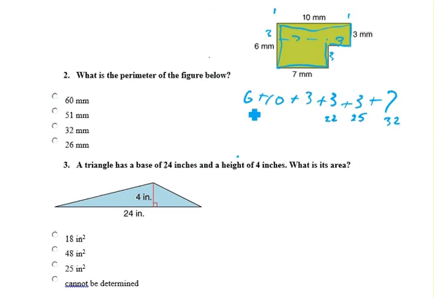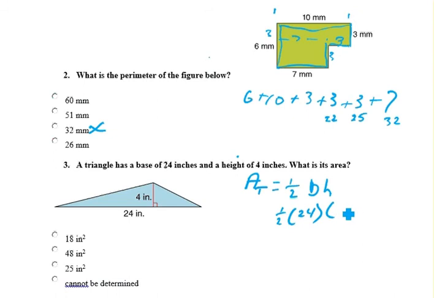A triangle has a base of 24 and a height of 4. What's the area? Well, the area of a triangle happens to be 1/2 base times height. And what did they tell me? 24. So 1/2 times 24 times height 4.